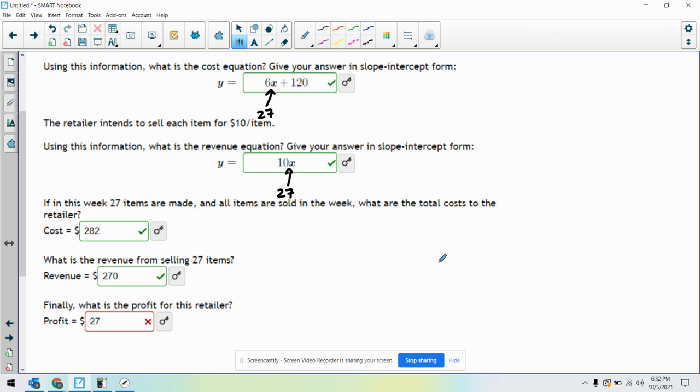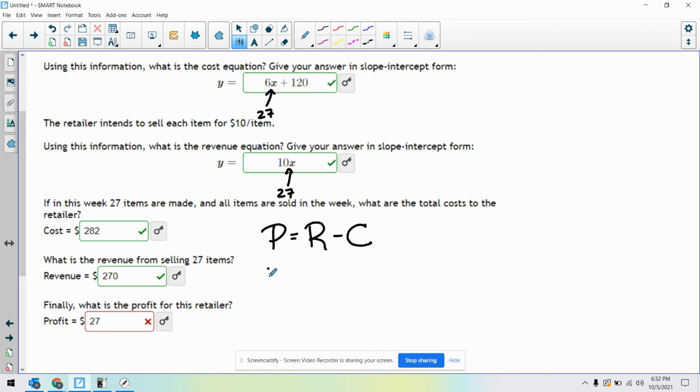Now, if you ever want your profit, this is going to come up again in chapters 2 and 3, I believe. Our profit is always going to be equal to revenue, the money you earned, minus your costs.